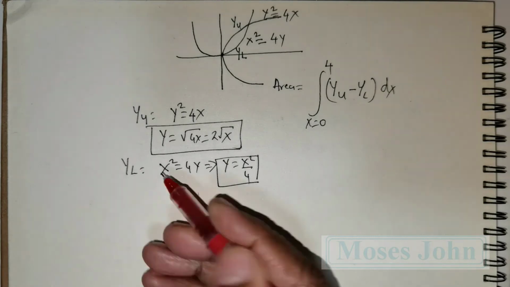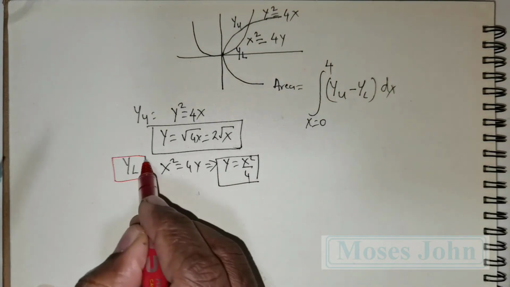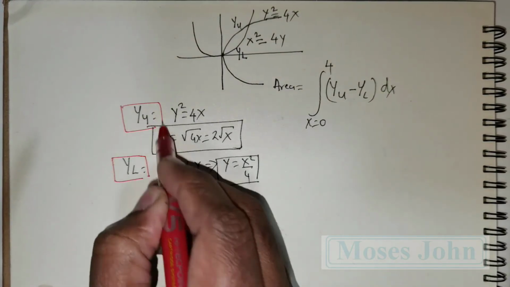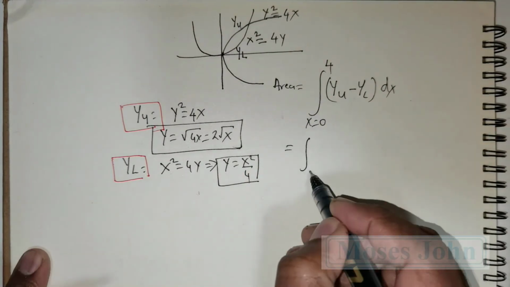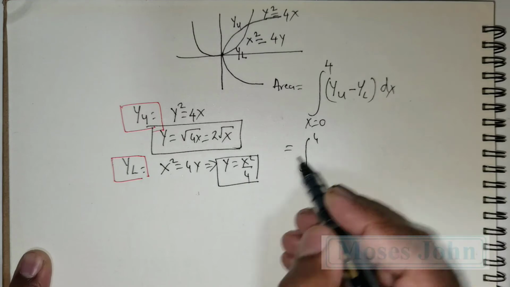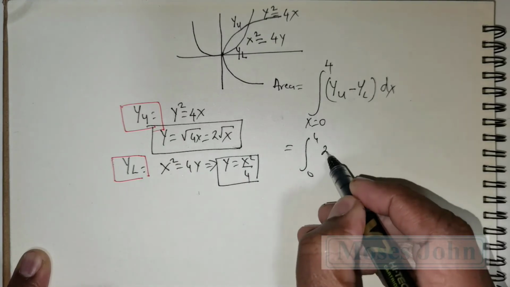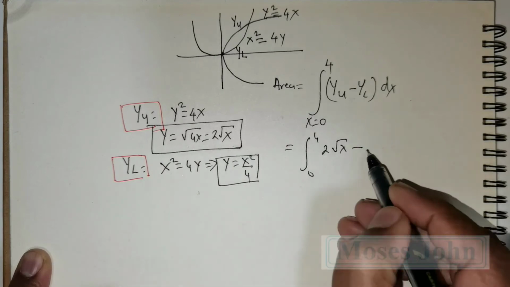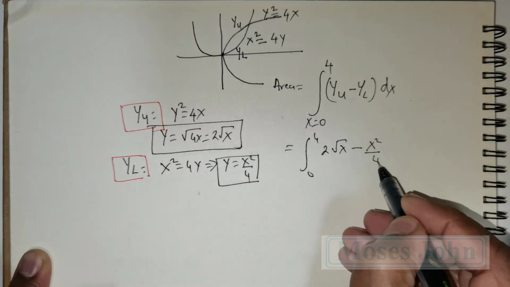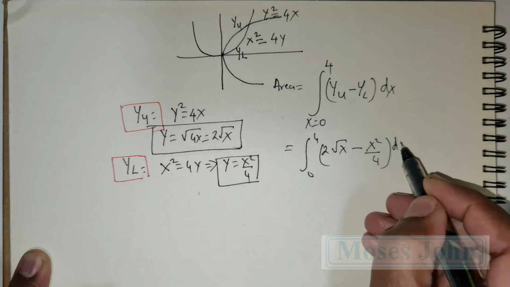So substituting it, we would get integral 0 to 4 of (2 times root of x minus x squared divided by 4) dx.